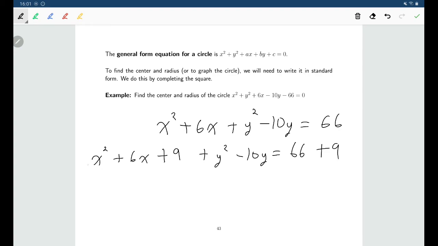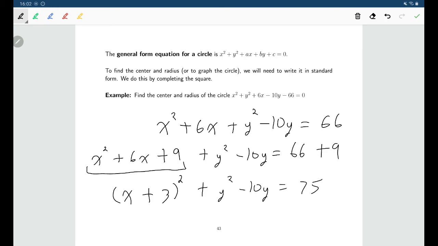So on the left side, the x squared plus 6x plus 9, that is the same thing as the perfect square, x and half of the x coefficient, x plus 3, whole thing squared. There we go. So now I'm going to do the same thing with the y's.